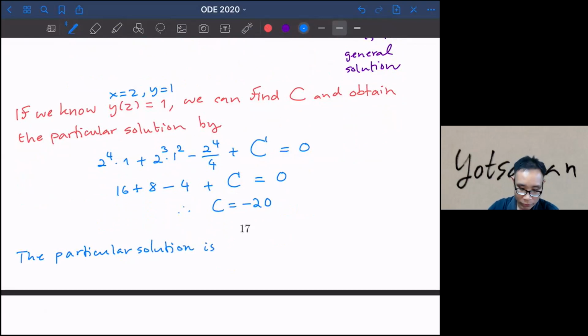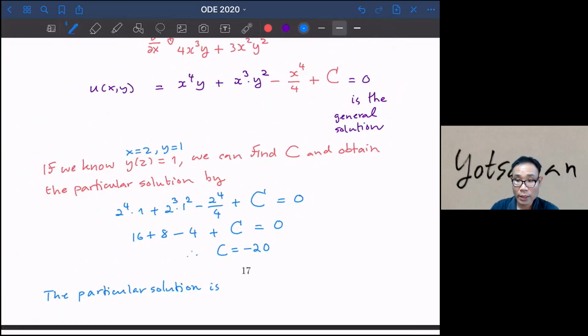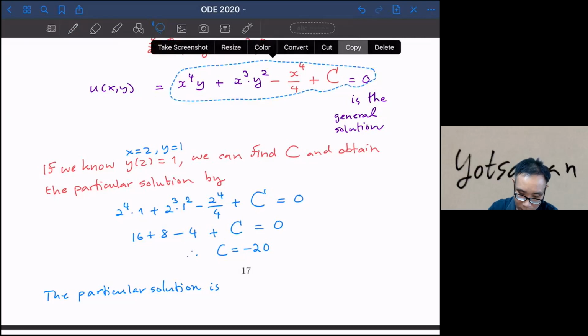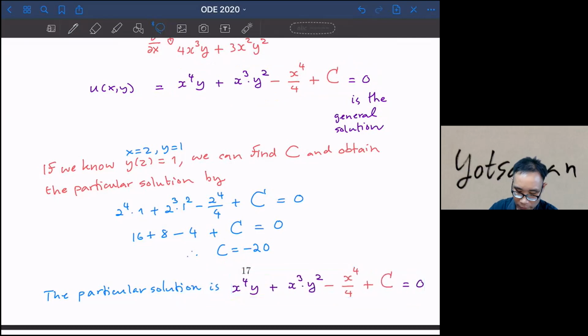So you have C equal to negative 20, and the particular solution is, you copy everything down and replace C with negative 20 from the calculation.